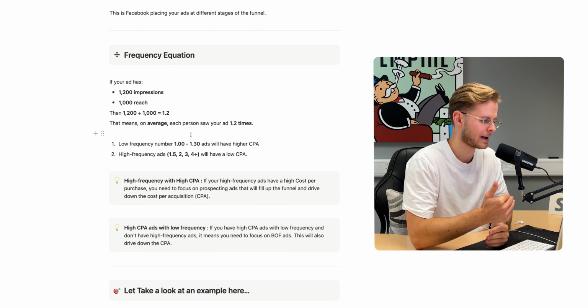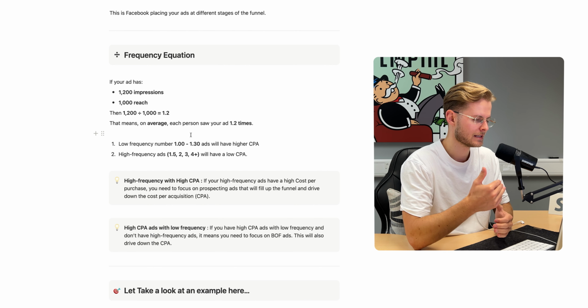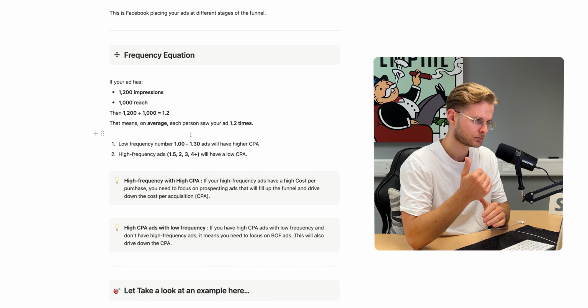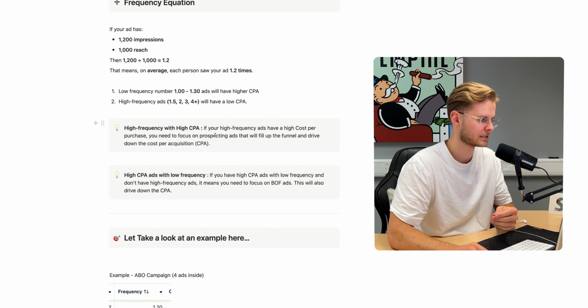If your ads have a higher frequency, let's say above 1.5, maybe a 2, a 3, or a 4, it's likely that your ads will have a lot lower CPA, because these ads are effectively being used as retargeting ads. Here are a few things you need to consider. If your ad has high frequency and a high cost per purchase, you need to focus on prospecting ads.